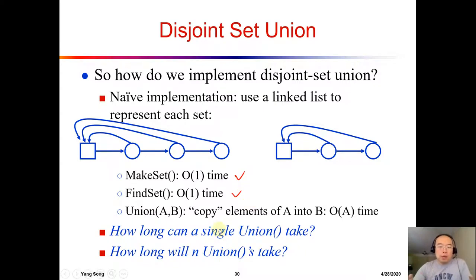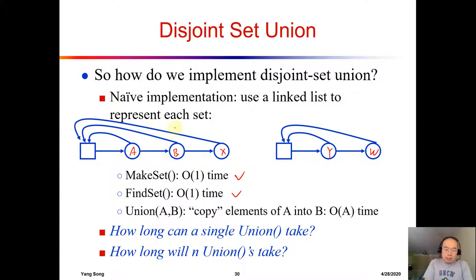When we want to combine set A and set B together, how do we do that? The easiest way is, how about we just copy all the nodes from set A into set B? Say we have A, B, and X, and then we have Y and W, for example.